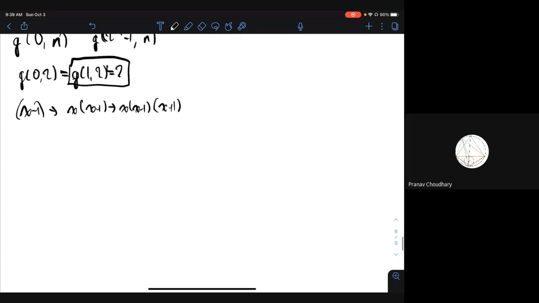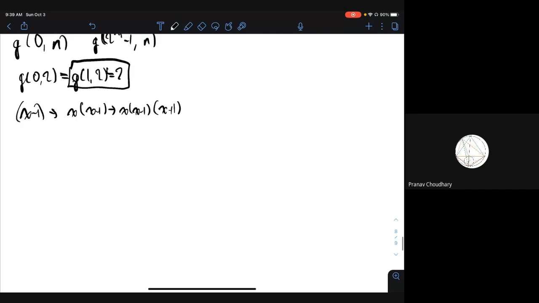And then, from this thing being less than or equal to 2, we do the following. This is by the above thing that we have.